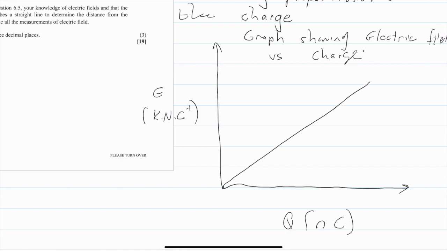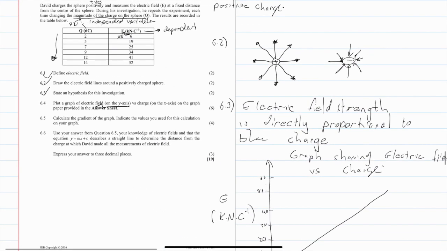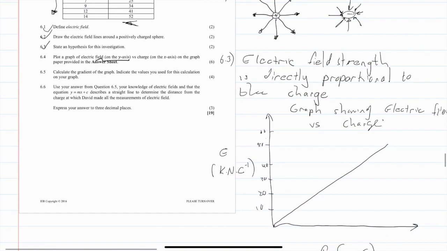You can have your values going up in tens, because we need to get to 50 as our electric field strength gets to 50, and I think it spreads out nicely over 60. And on the other axis, let's say we go up in twos, 2, 4, 6, 8, 10, 12, and we need to get to 14. Something like that.